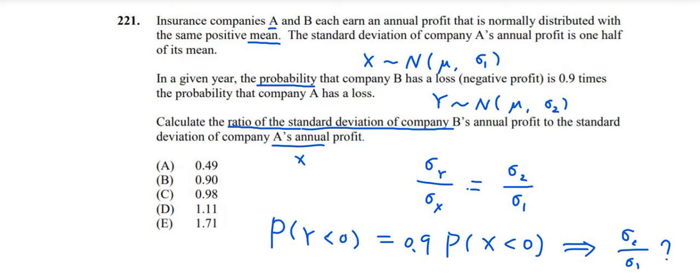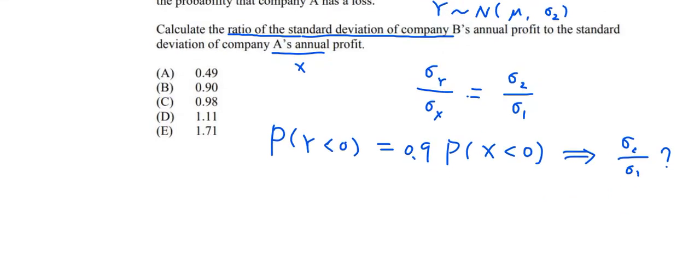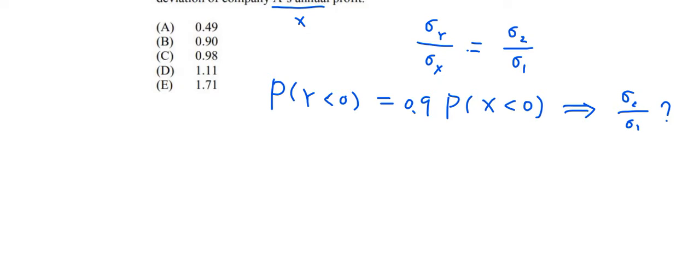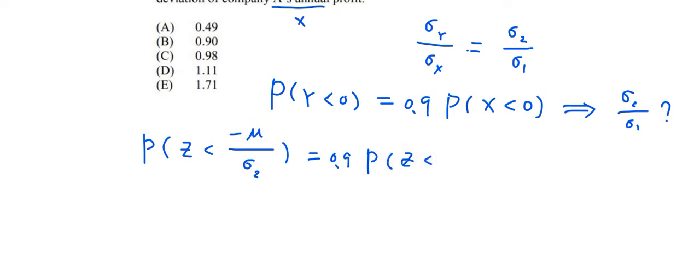For probabilities of a normal, we convert the general normal to the standard normal. So the probability that y is less than 0 equals the probability that Z is less than (0 minus mu) over sigma 2, and this equals 0.9 times the probability that Z is less than negative mu over sigma 1.